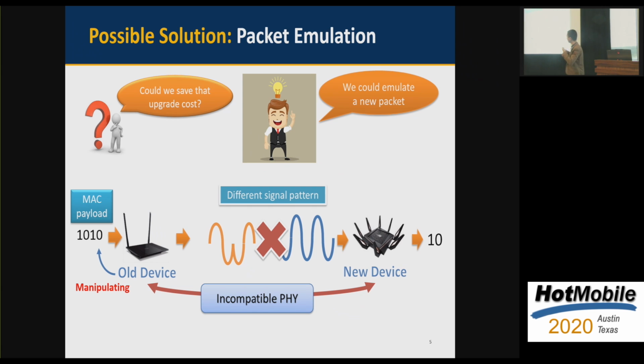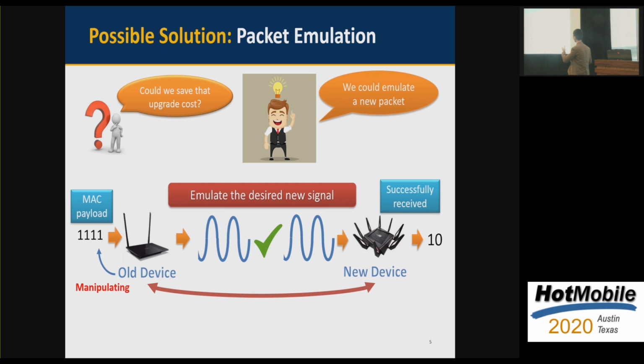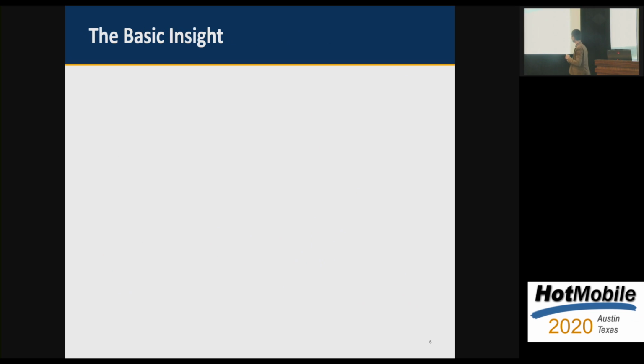Instead, we can manipulate the MAC payload at the older device to create a similar or exactly the same signal pattern as the new device, allowing the new device to correctly decode the signal transmitted from the old device. By doing so, we are able to bridge the gap and make these two physical layers somehow compatible.